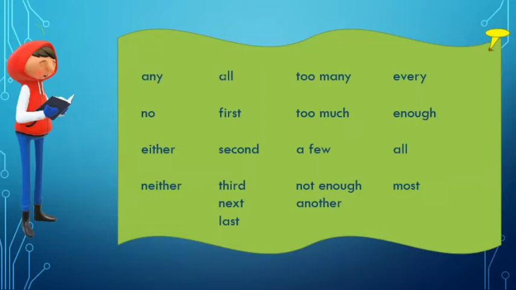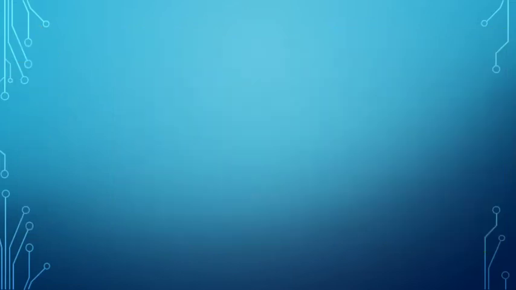When we have to use these determiners, we must know. So in today's class, I am going to discuss more about little, a little, the little. How we use these is the topic of today's class.